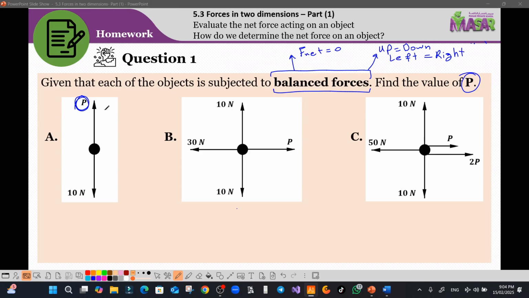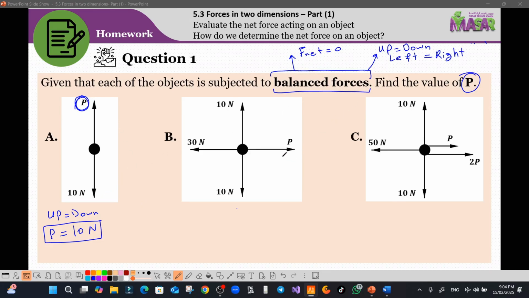In order to make the assumption true, the forces are balanced, P must be equal to 10, or up equals down. Now, let me construct the equation. Up equals down. Up, we have P. Down, we have 10. So, P must be equal to 10 in order to verify the condition here.